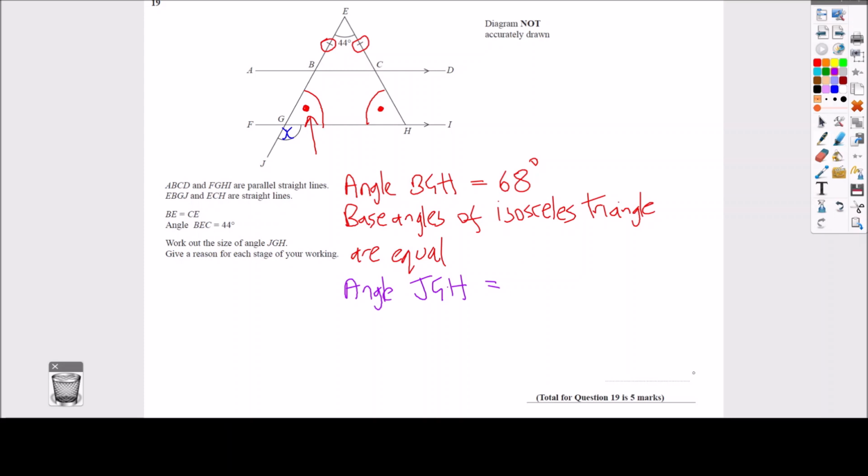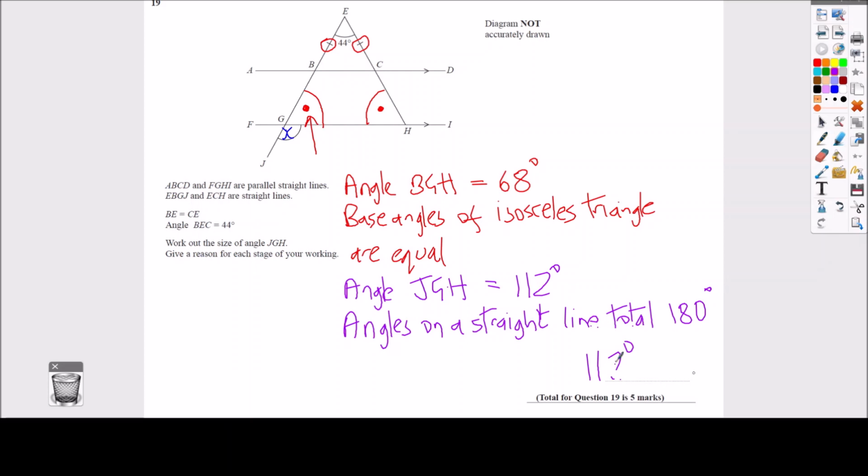So 180 take away 68 equals 112 degrees. And the reason is because angles on a straight line total 180 degrees. So our final answer is 112 degrees.